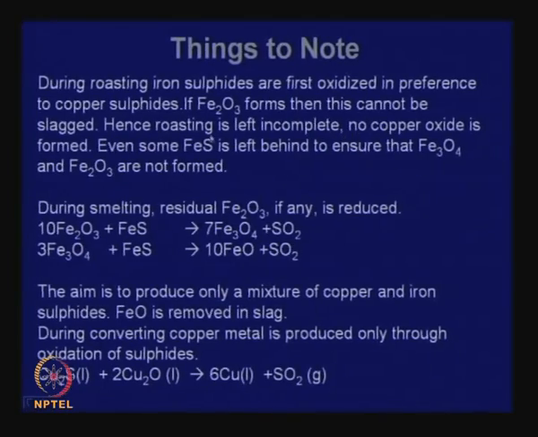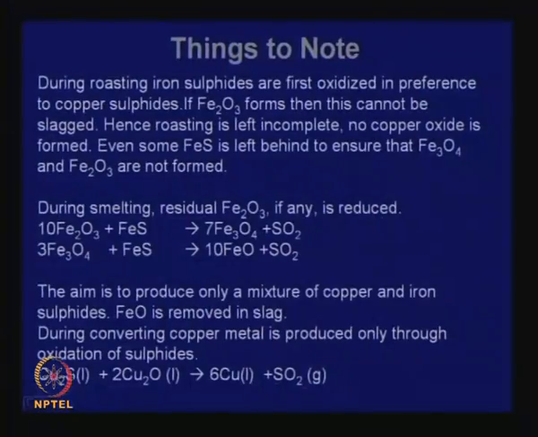No copper oxide is formed, because we have not even completed oxidation of iron sulphide. Copper sulphide cannot be oxidized unless you have oxidized the whole of iron sulphide. We are not oxidizing the whole of iron sulphide. Only part of that is oxidized, only up to FeO stage, that is taken out.